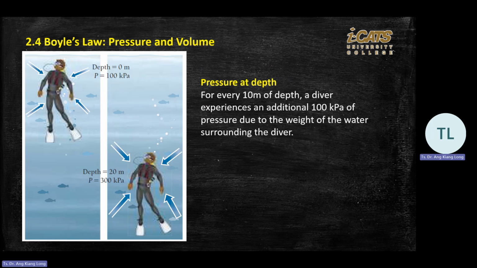So what does this mean for scuba divers or free divers? Every 10 meters of depth, the diver experiences an additional 100 kilopascal of pressure due to the weight of water surrounding the diver. Because you go deeper, more water is pressing on your body, right? So at 20 meters, you have 300 kilopascal.